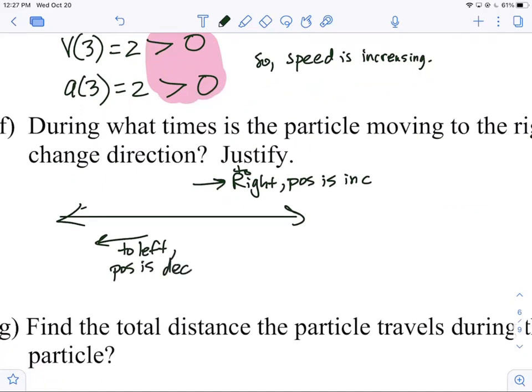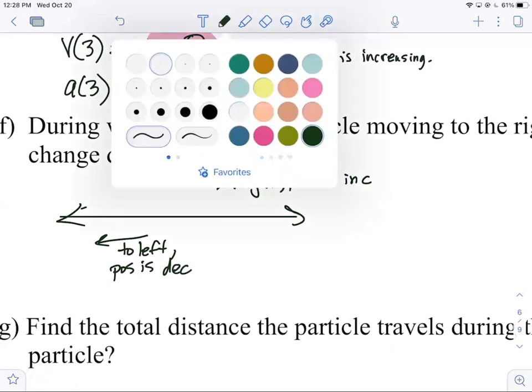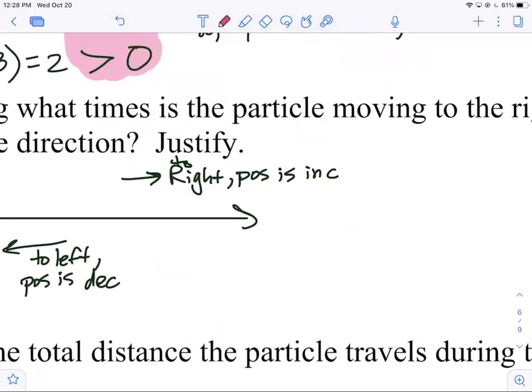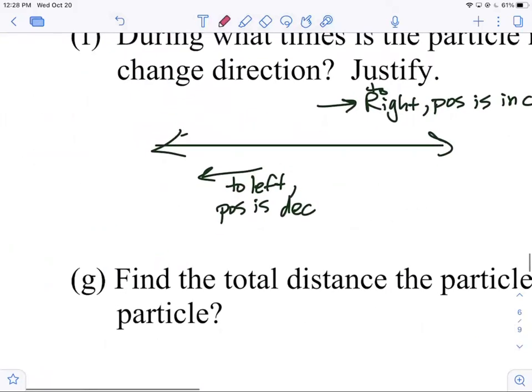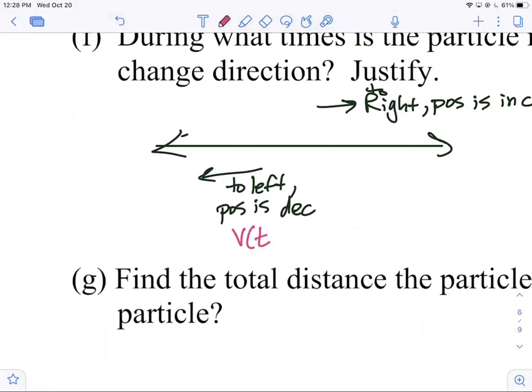So if I knew what the sign of the rate of change of position was, I'd have it. What do we call the rate of change of position? Velocity. Yeah. So there it is. It's moving to the right when the velocity function is positive, and it's moving to the left when the velocity function is negative. And when is it not moving at all? When the velocity is 0.